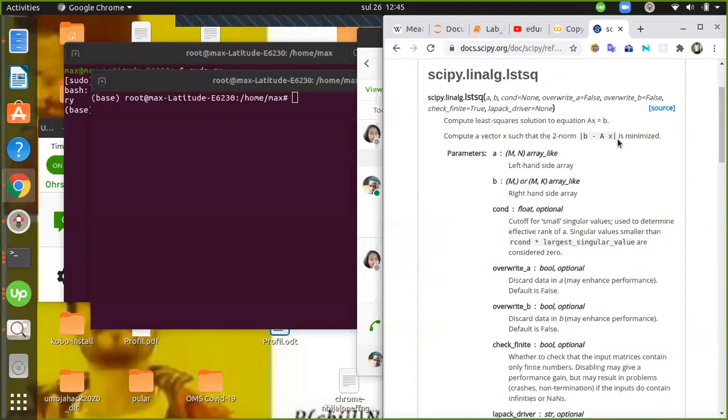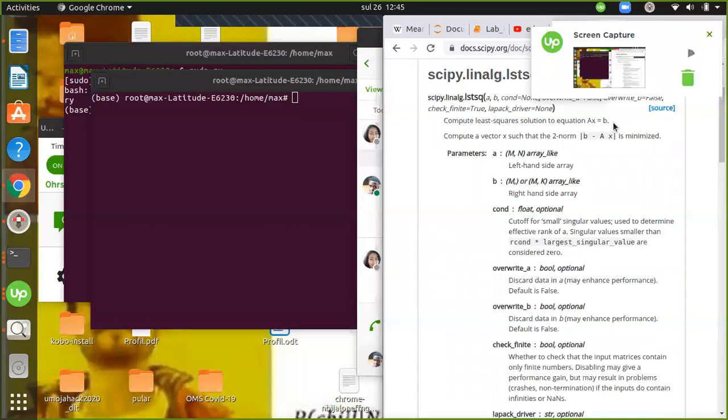AX equals B is a least square solution, least square error, right? No, this is the equation we are trying to solve. Oh, okay. This library solves an equation of the form AX equals B. And our equation is W times study hours equals grades.